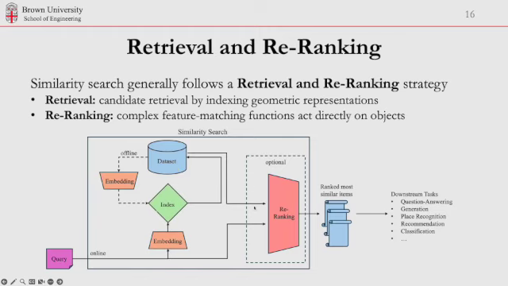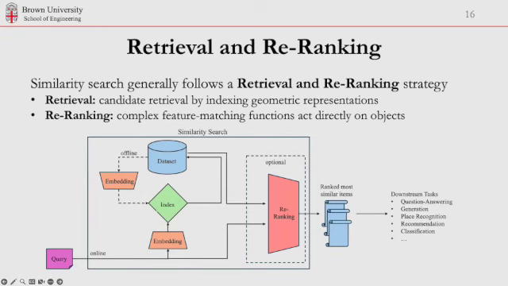These candidates can be re-ranked with a more complex similarity function, like a matching function, and that outputs the final most similar objects. That's what we see today, this retrieval and re-ranking approach. We see this in image retrieval, in text retrieval, in recommendation systems, and in a lot of places.